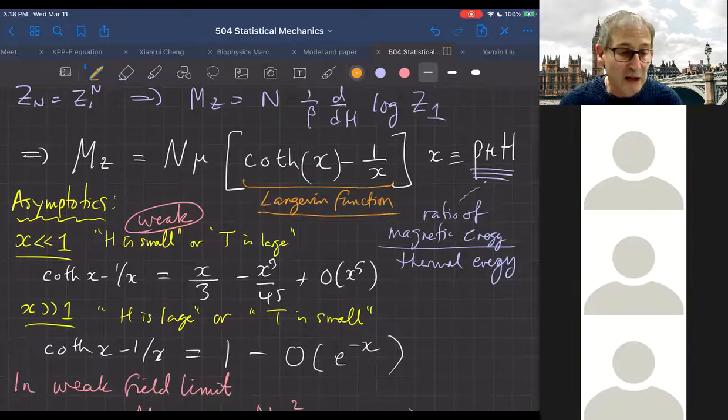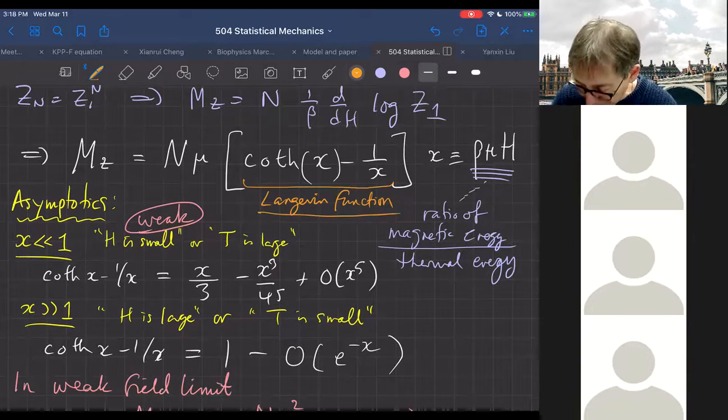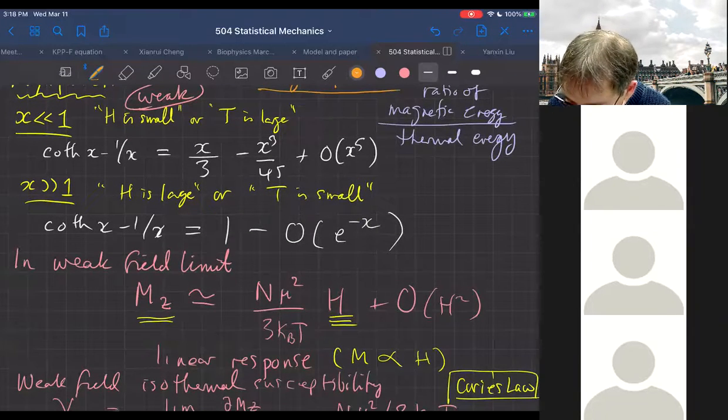Langevin has both a function and an equation, and this comes up a lot. It comes up also not just in magnetic systems, but in making models of polymers.